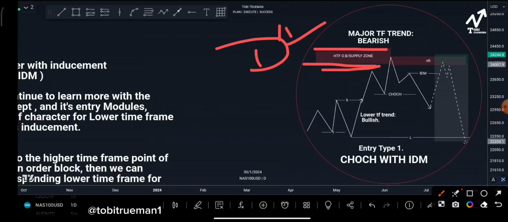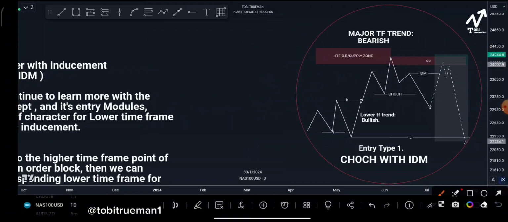Then when price taps into the daily time frame order block, which is identified here, we will now switch to the 1 hour time frame, which we are using for the corresponding lower time frame for the daily time frame. Then after that, when we switch into the 1 hour time frame, you will see this type of structure most times.